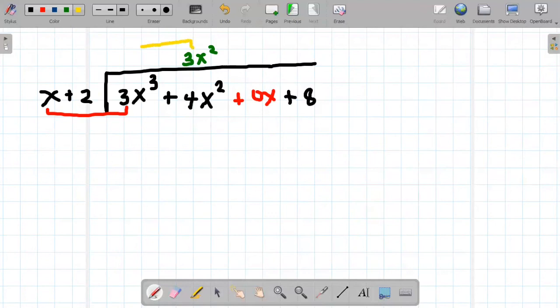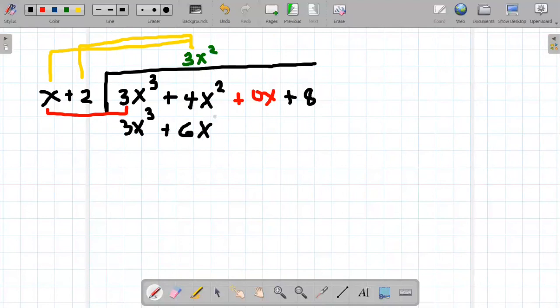We multiply, so 3x squared times x, the answer is positive 3x cubed. And then we multiply 3x squared times positive 2. So 3 times positive 2 is positive 6, and you just copy x squared. And then we subtract.